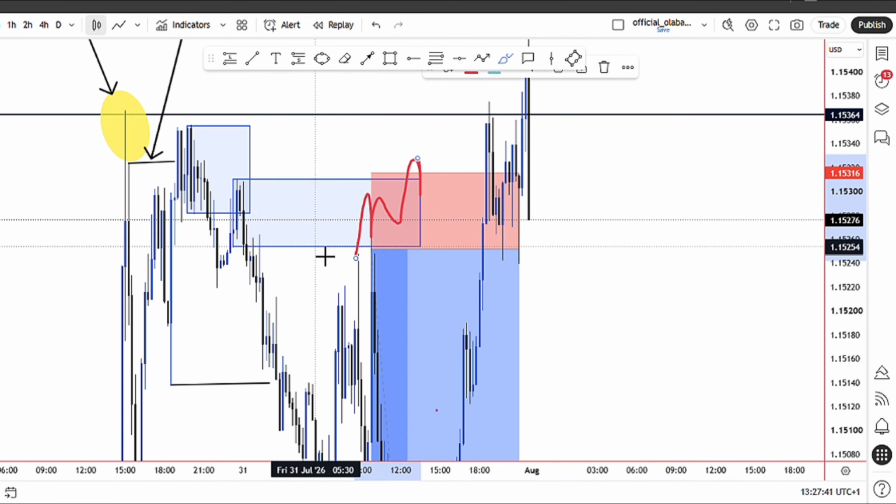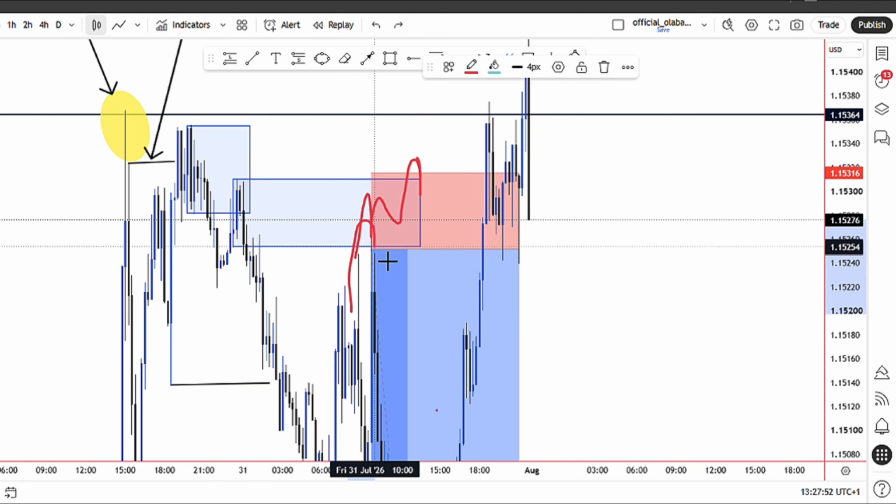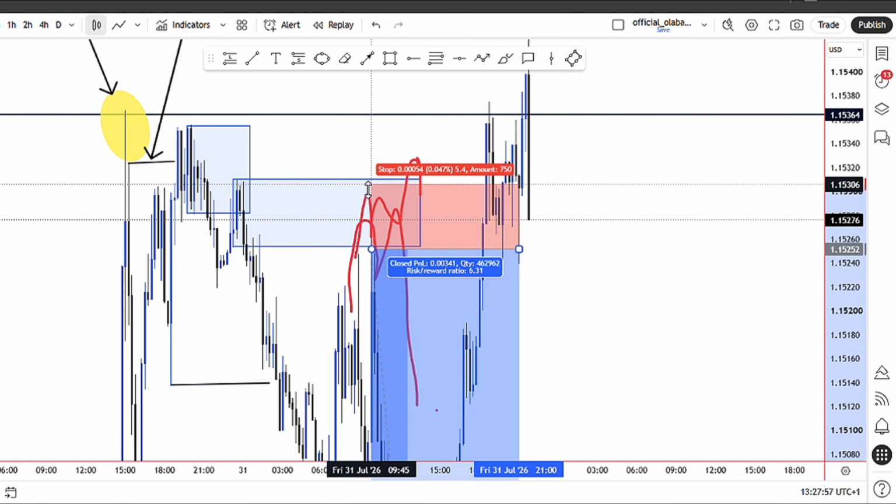The reason why price is coming back there is just to mitigate this supply and sell off. So it is safe to put your stop loss right above here.